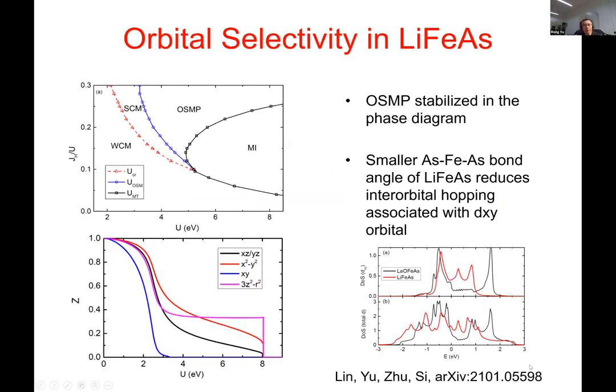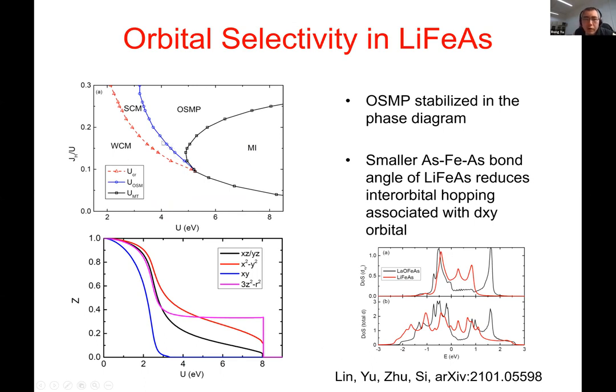Okay. So here are our results on the orbital selectivity in the lithium-111 system. Here is the ground state phase diagram. And this is very similar to the phase diagram in the iron trigonalite system.